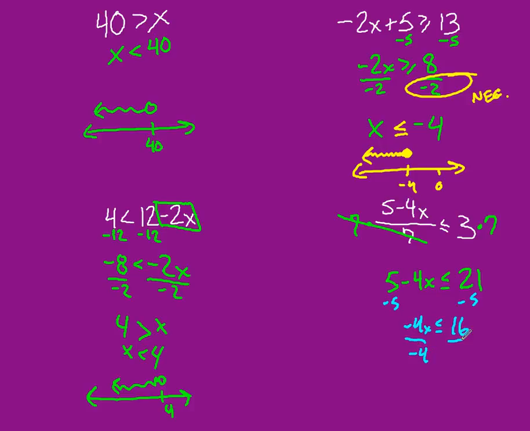I'll divide by negative 4. Notice it's a negative 4 I'm dividing by, so I'll switch the sign, and I'll get x is greater than or equal to negative 4. So there's negative 4, filled in because it's greater than or equal to, and shading off to the right. There you have it, your intro to inequalities, and much more are coming your way.